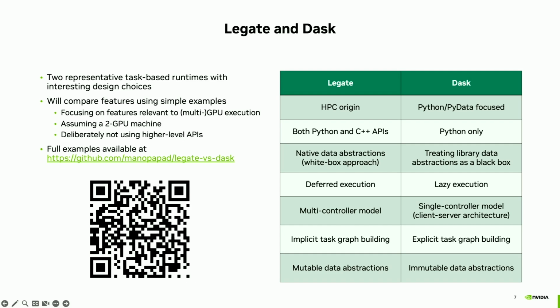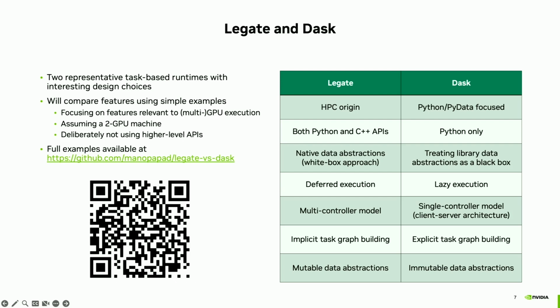So this talk will be talking specifically about Legate and Dask, and I have an informal comparison on this slide. The main things that I'm going to be talking about are the different approaches to data abstractions that the two runtimes take. How informed is the runtime about the placement of the data, and how clear is it to the runtime what its piece of data is representing?